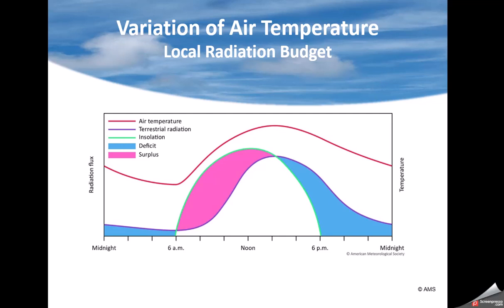Temperature starts dropping. The amount of terrestrial radiation is based on the current temperature. Warmer temperature, more terrestrial radiation, so you fall faster the first part of the night. As the temperature cools at night, it doesn't fall as fast because the infrared radiation isn't as strong.